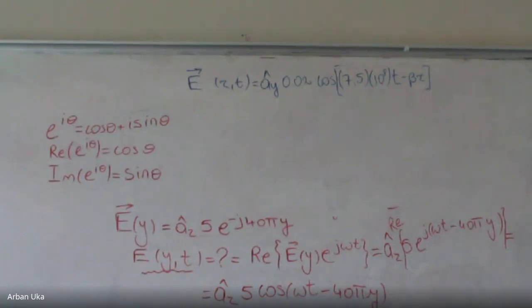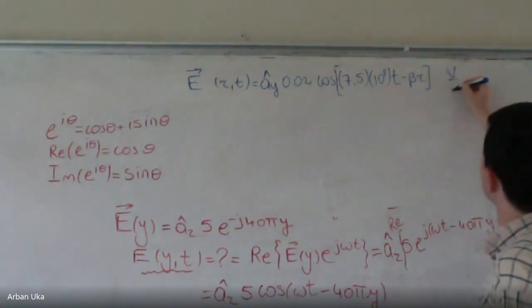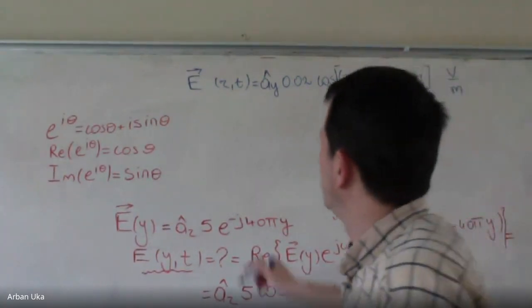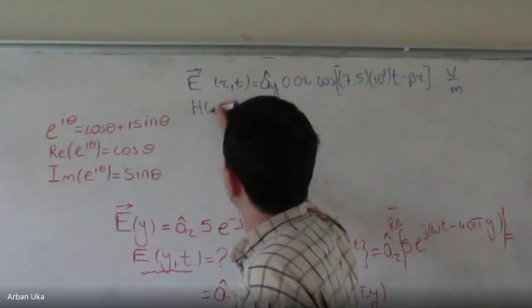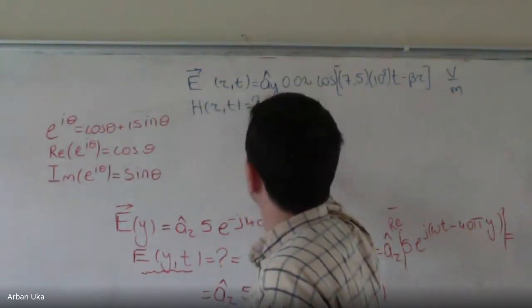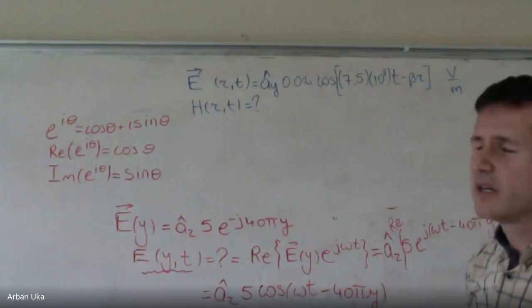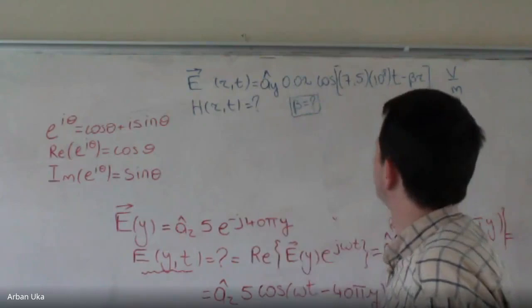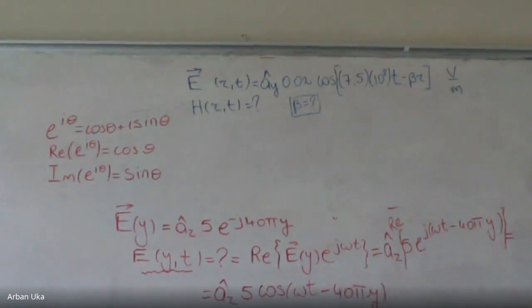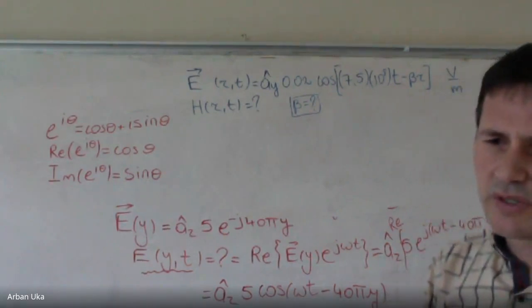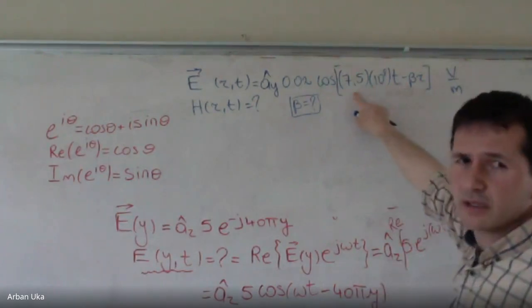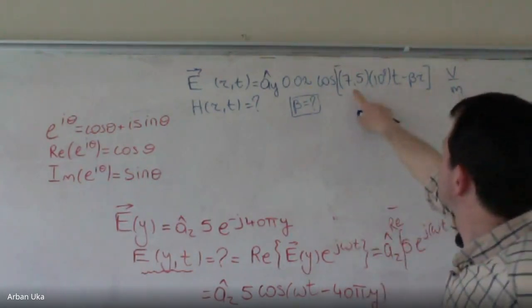And the unit of this one is volt per meter. We know this part. The question is to find the H(z,t). So the question is, what is this? And the other question is, what is beta? From a previous example we covered in the previous session, we saw that this beta is linked with omega.